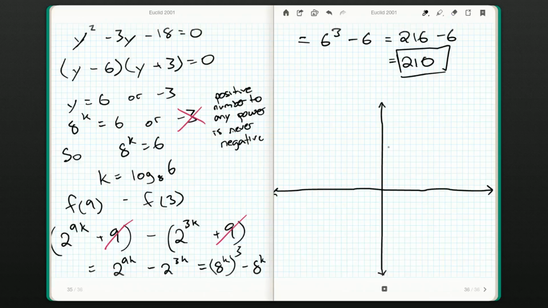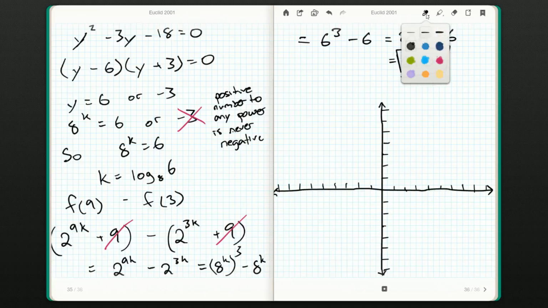And then we need to start marking off, I'll go every 2 here. 3, 4, 5, 6, 7, 8, 9, -1, -2, -3, -4, -5, -6, -7, -8, -9. Not bad. Okay, so we'll do each graph in a different color.